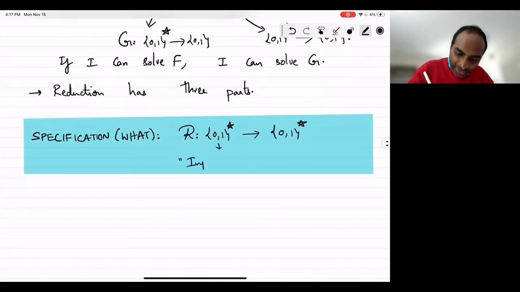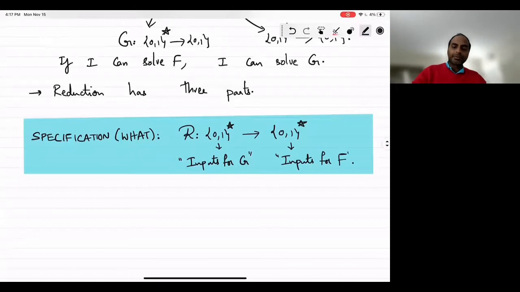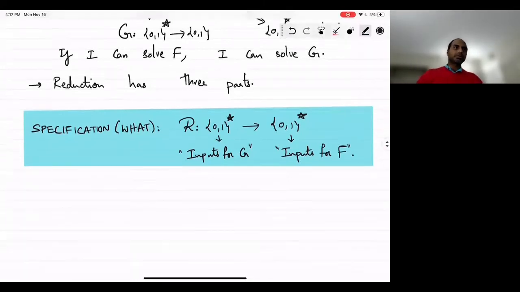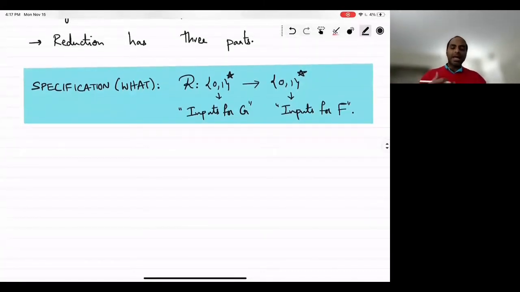So here it should really be inputs for G to inputs for F. Okay.